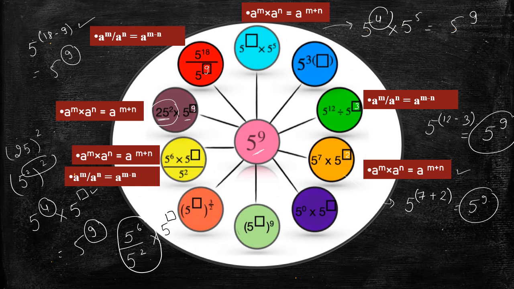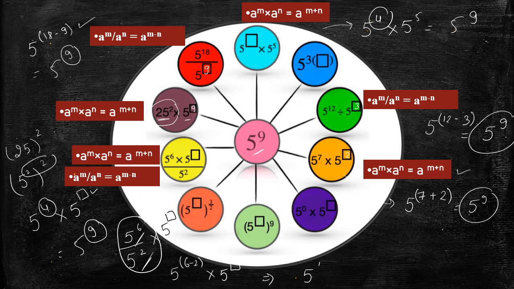Because this is a raised to the power m divided by a raised to the power n, so we can apply the second law, writing it as 6 minus 2, multiplied by 5 to the power something. We don't know this something, we have to solve for it.